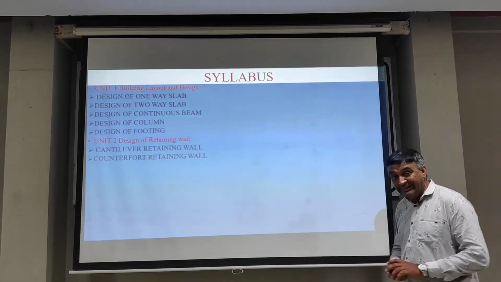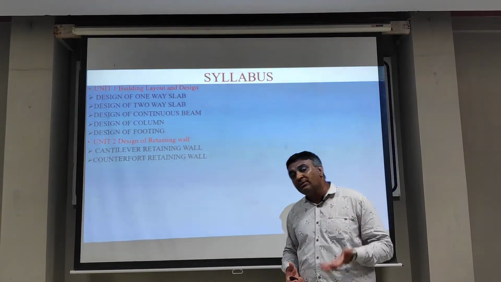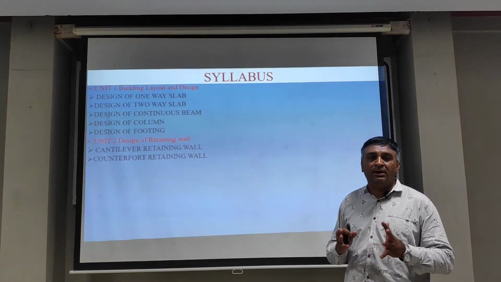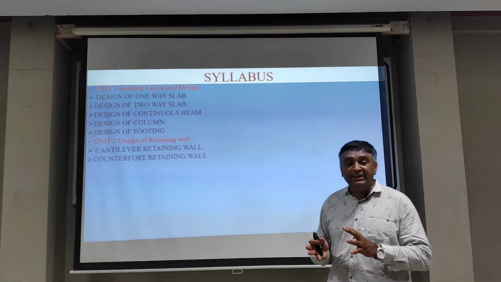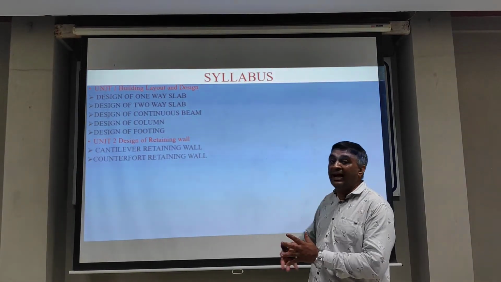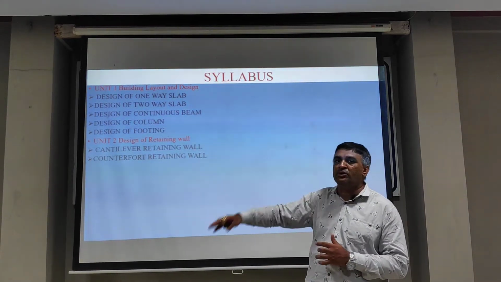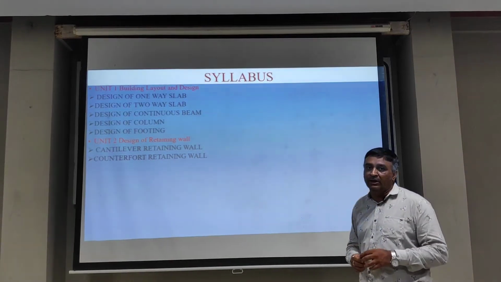Whenever more height is required but it is not preferable to make the height more, at that time we provide supports, inclined supports, and that is called the counterfort retaining wall.